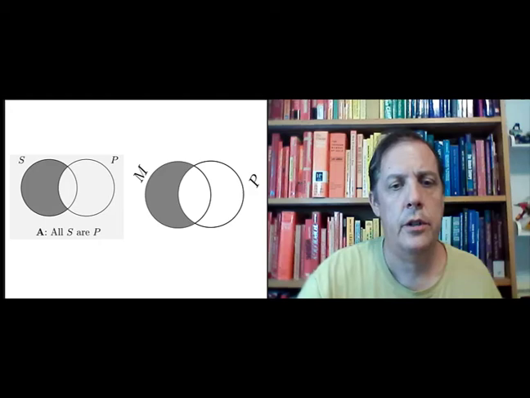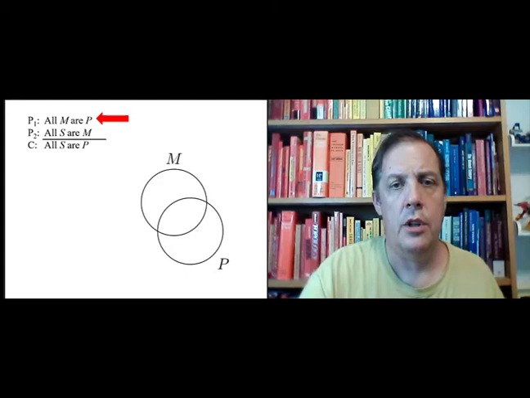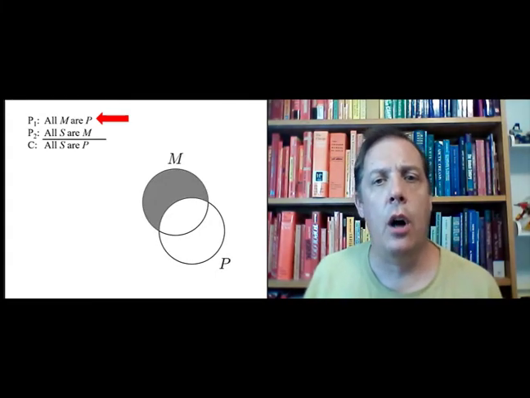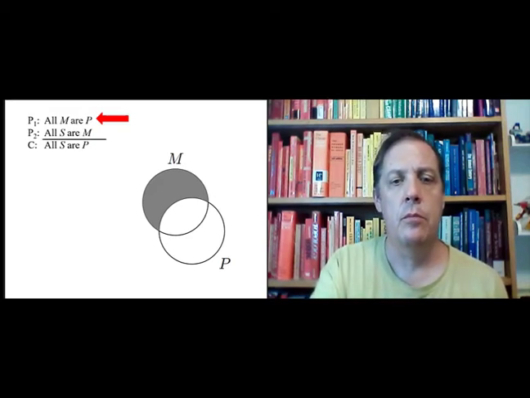So now returning to the original diagram, we're shading in this top region here, right? But now we want to also bring the S circle back into the picture.